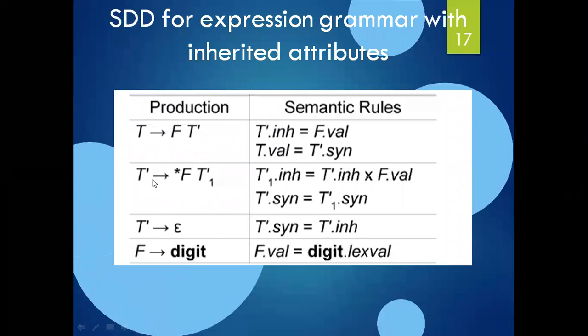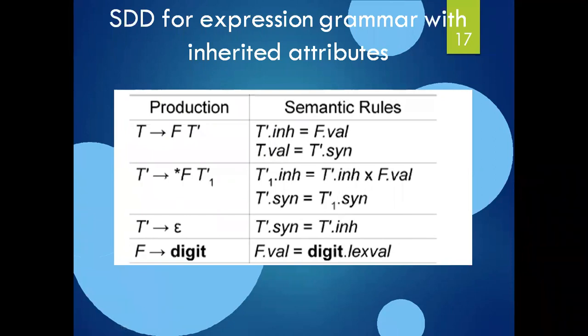That means T dash is inheriting the properties of the computation that we did on the right hand side of the production rule. So finally T1 dash is equal to T1 dot synthesized.